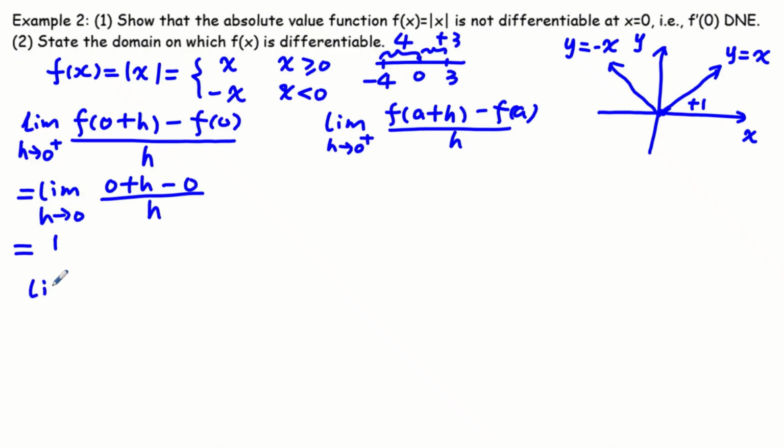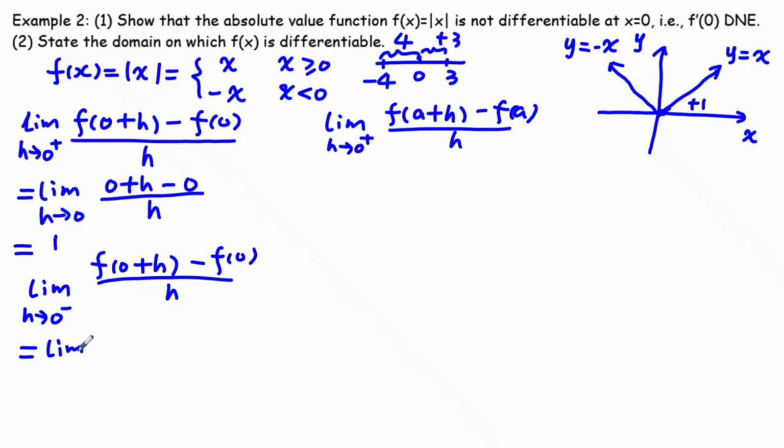Then do the same thing to the left side of 0. So f(0 plus h) minus f(0) all over h. Because h from the left side is negative, we are going to sub in here. We have limit as h approaches 0 from the left side of negative (0 plus h), since the input is negative, minus 0 all over h.